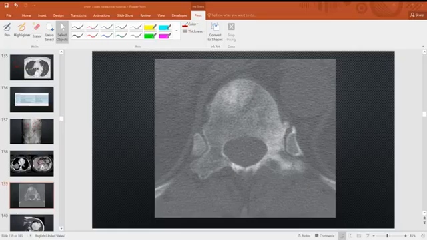Someone wrote sclerotic metastasis. Dr. Qais, very good. Where is the metastasis?